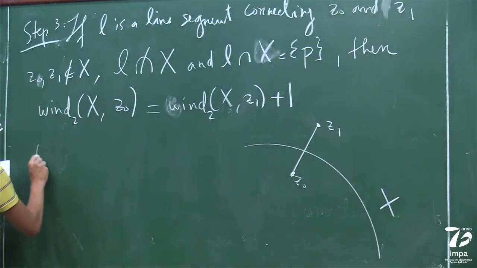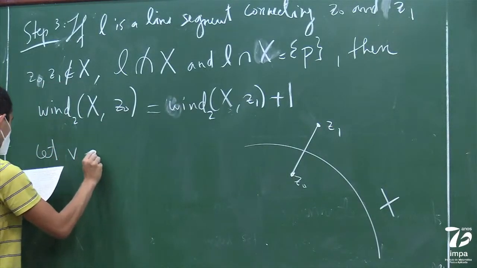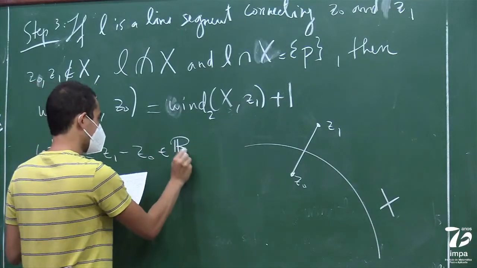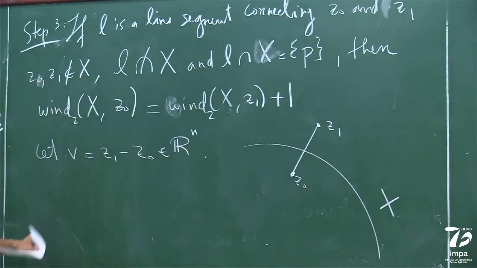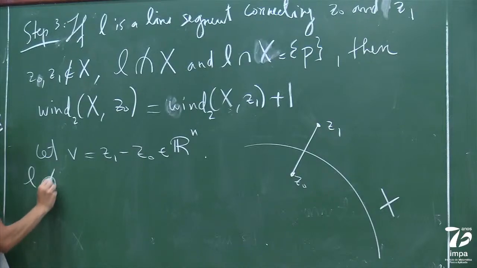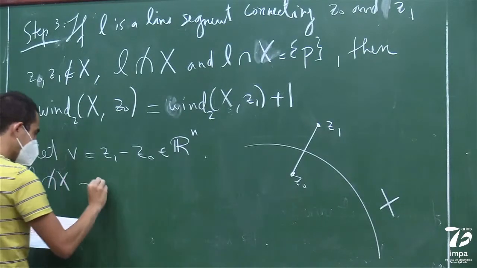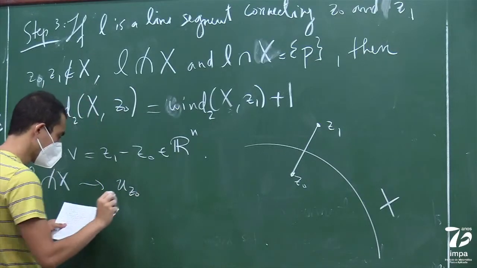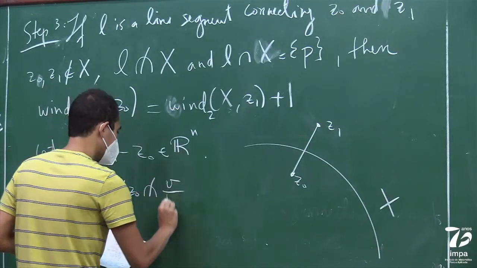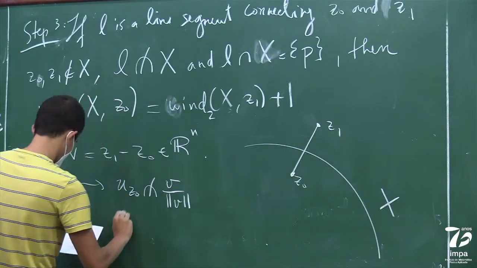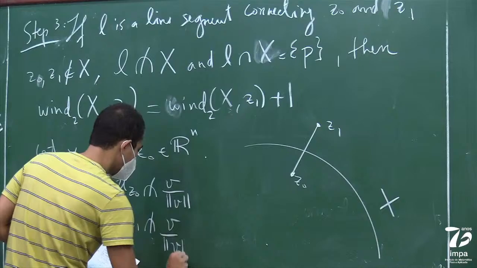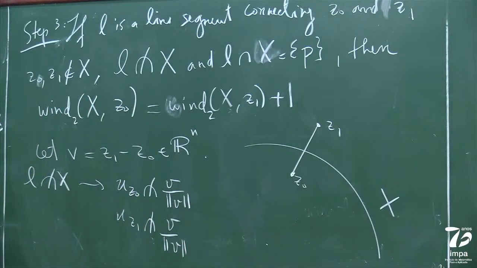Well, I'm going to let V be equal to z1 minus z0 in Rn. And since L is transverse to x, that implies that uz0 is transverse to V over norm of V, and uz1 as well. So this is the argument I've alluded to a few times.